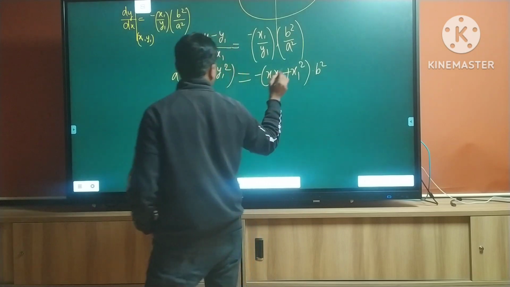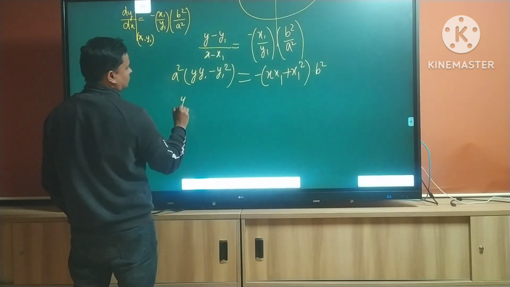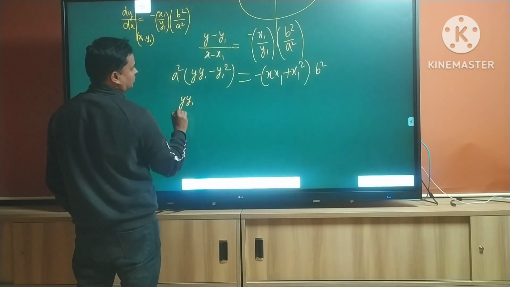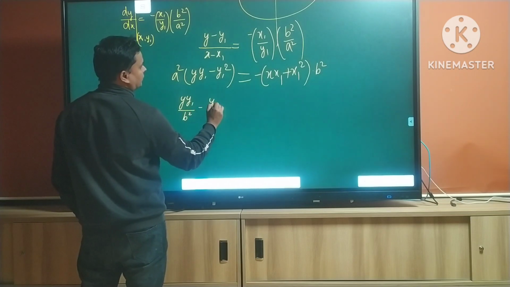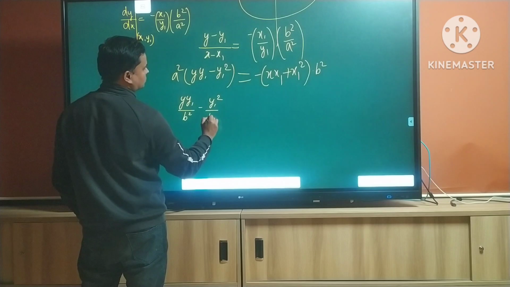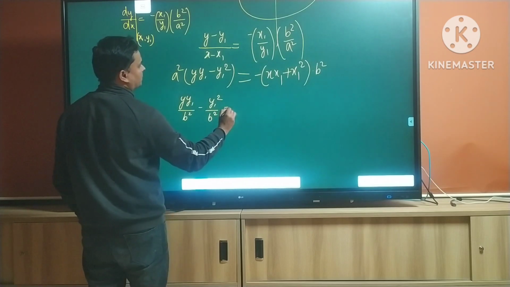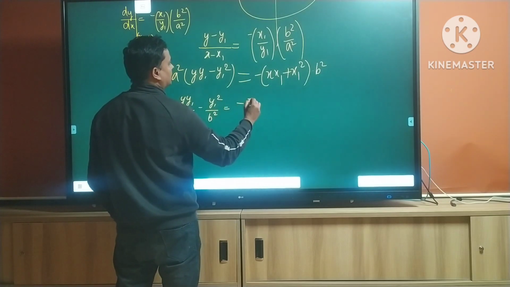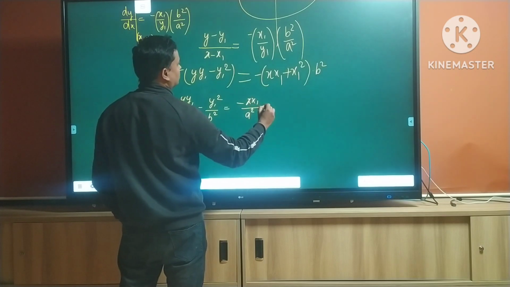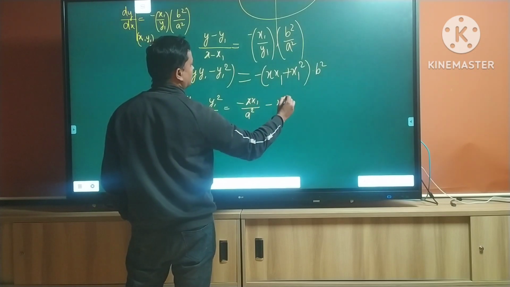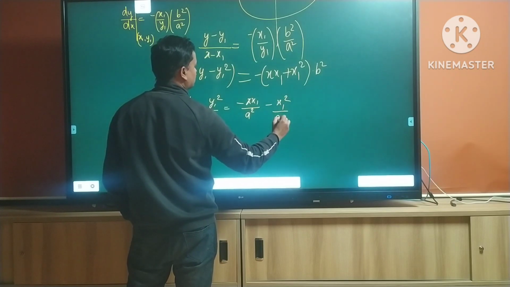What can be done? We can write y1 by b square minus y1 square by b square is equal to minus x1 by a square minus x1 square upon a square.